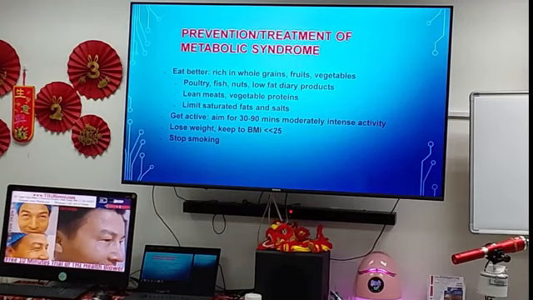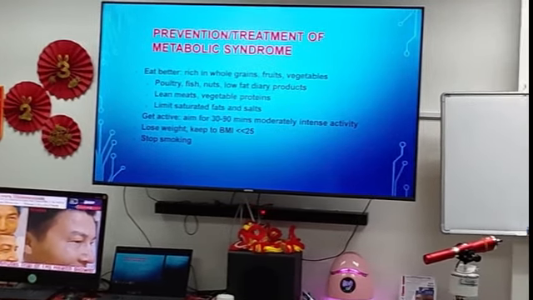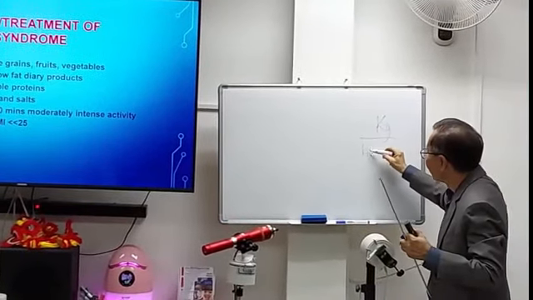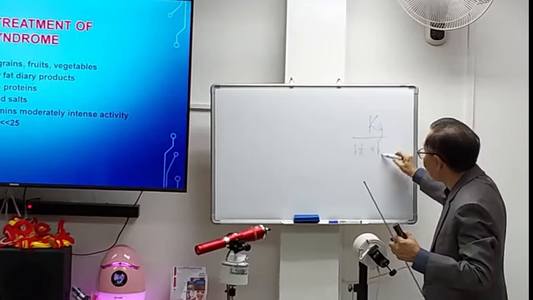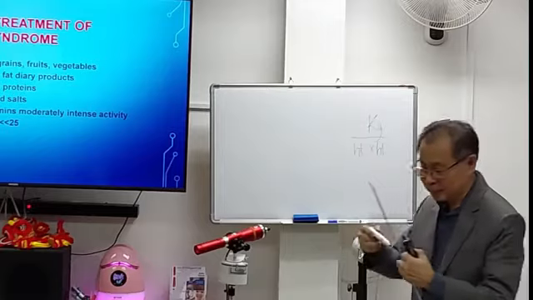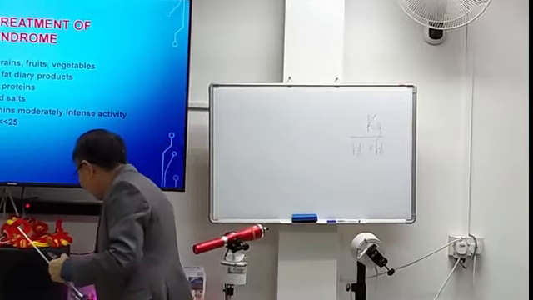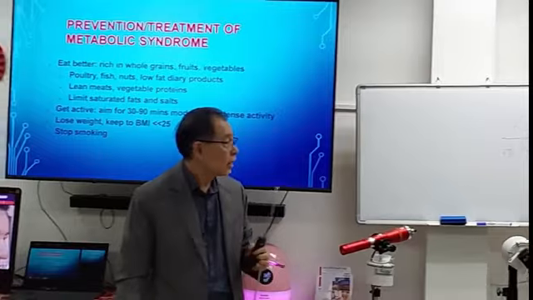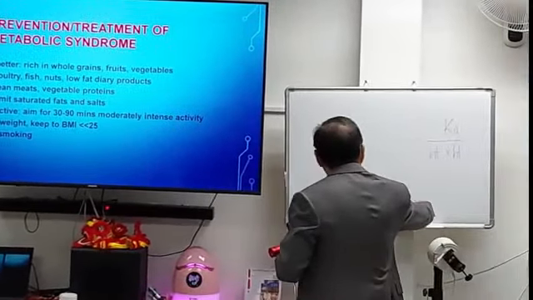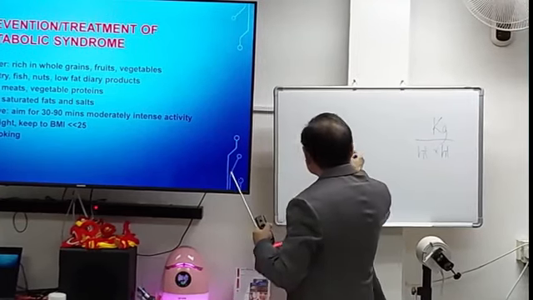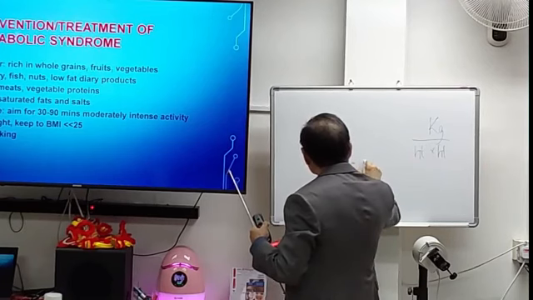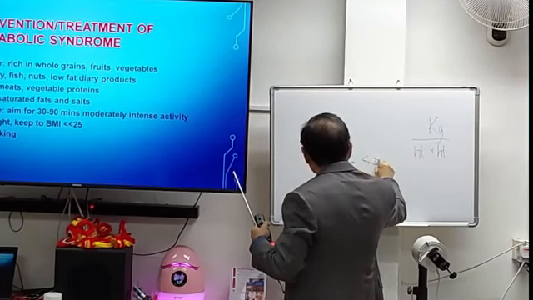Take your weight, which must be in kg, and divide by the square of the height, divide by height and divide by height again. Ideally, normal weight, your BMI should be about 23 or less.